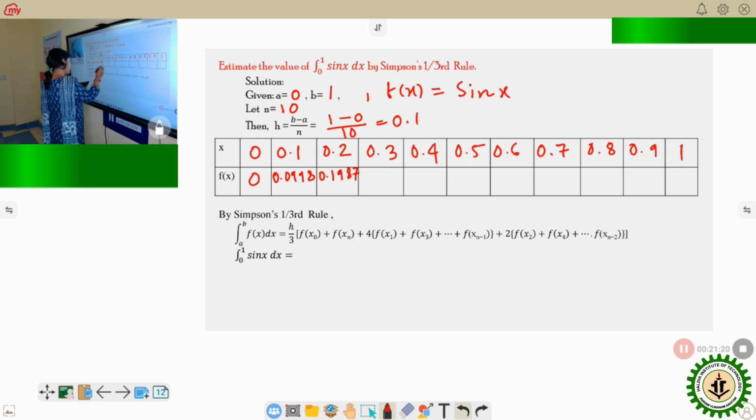Next, for 0.3 it is 0.2955. Next, for 0.4, it is 0.3894. Next, for 0.5, it is 0.4794. Next, for 0.6, it is 0.5646.